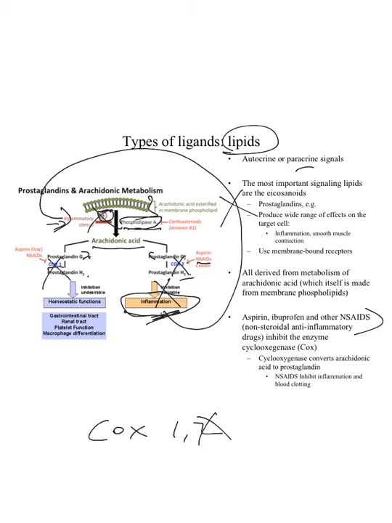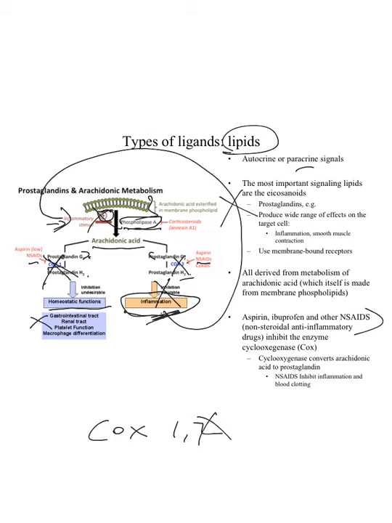Well, this one we don't necessarily want to inhibit because of its homeostatic functions, like building up the lining of the stomach and the GI tract. So if you take a lot of aspirin or NSAIDs, you're inhibiting COX-1, you're not building up the GI lining very well, and now it's more sensitive to acid. That gives you the stomach ache.